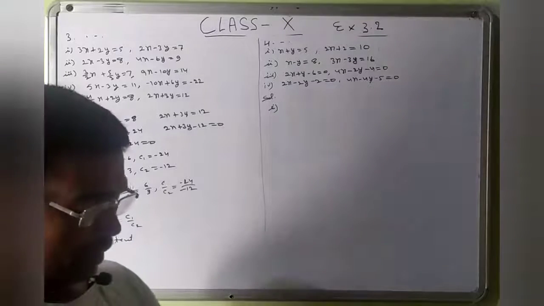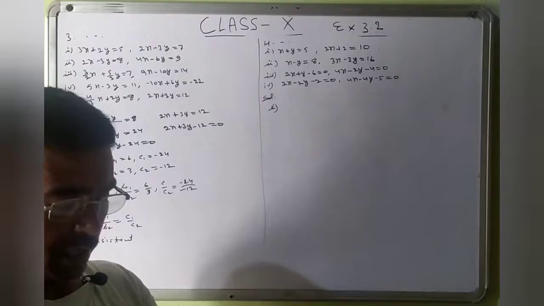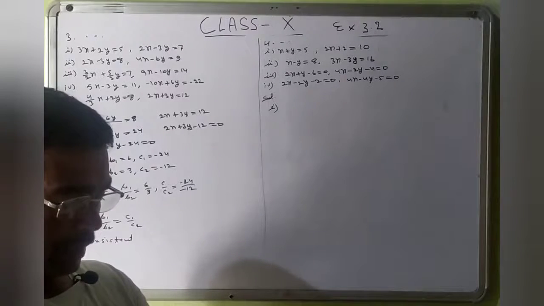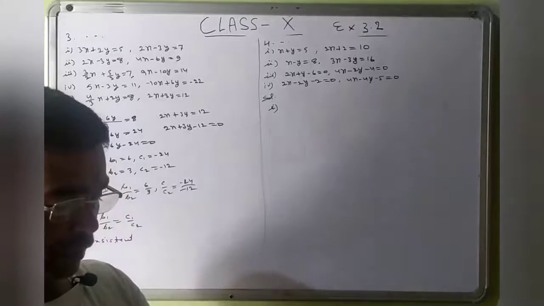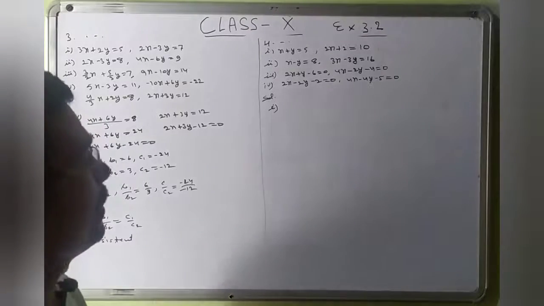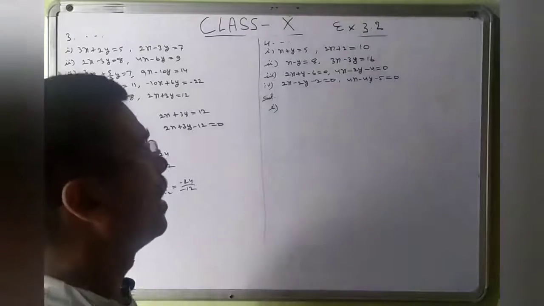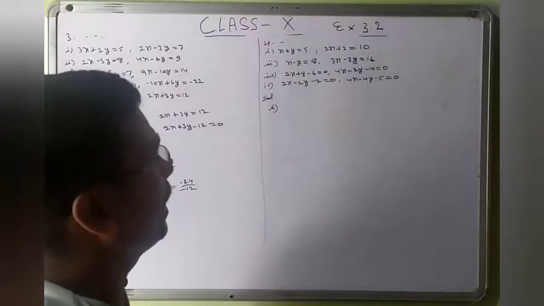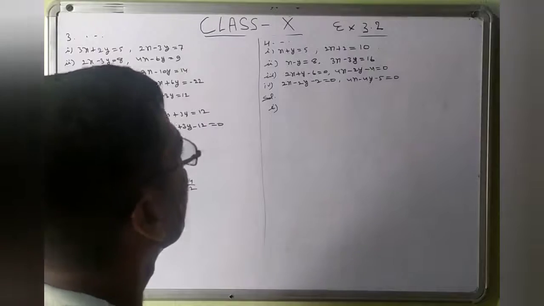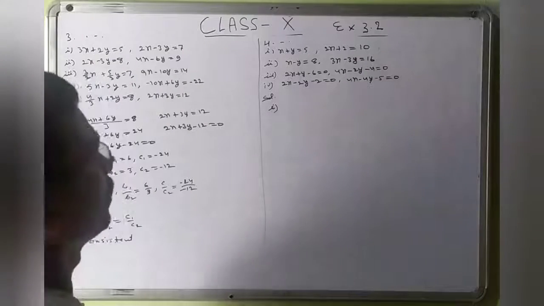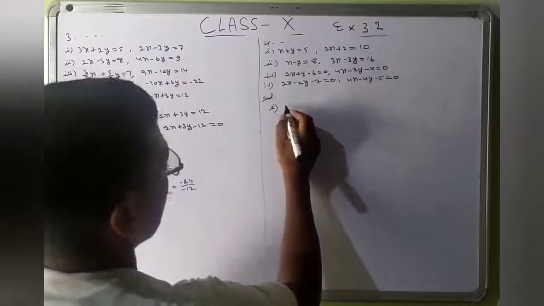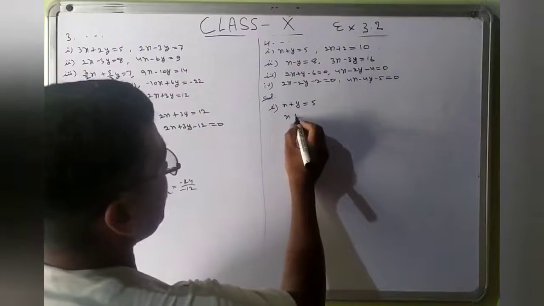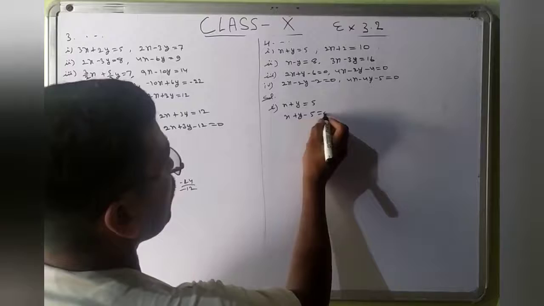Question number 4. Which of the following pairs of linear equations are consistent or inconsistent? If consistent, obtain the solution graphically. If it is consistent, then we will find the answer. If it is inconsistent, which means parallel, then we will not find the values of x and y. So the first equation, x plus y is equal to 5, so x plus y minus 5 is equal to 0.